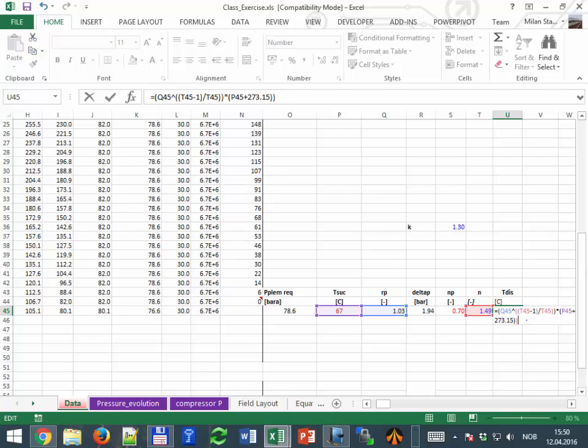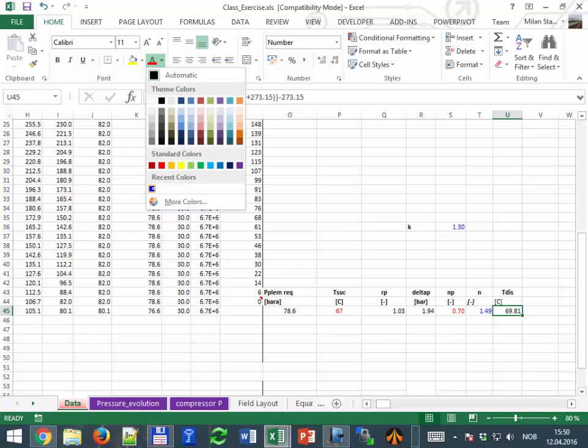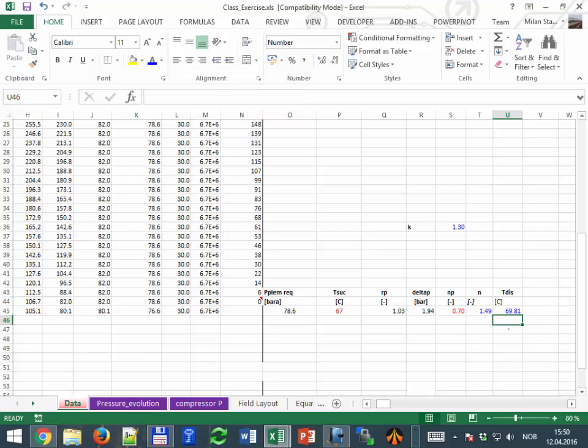Then this is the temperature that I obtain, and I subtract 273.15, sorry that I didn't program that for you. Okay, 69. We didn't make any mistake. Is somebody verifying my calculations? No? Okay. The temperature at the discharge looks like there is no issue.